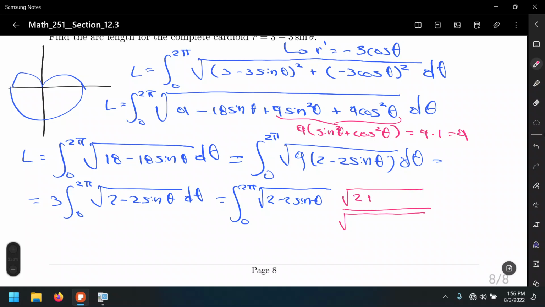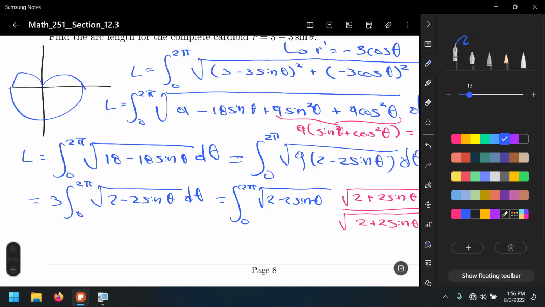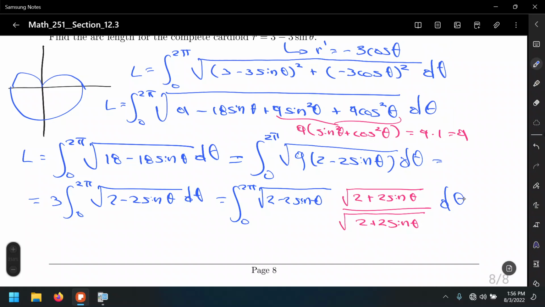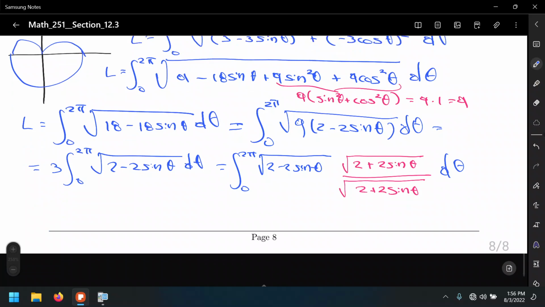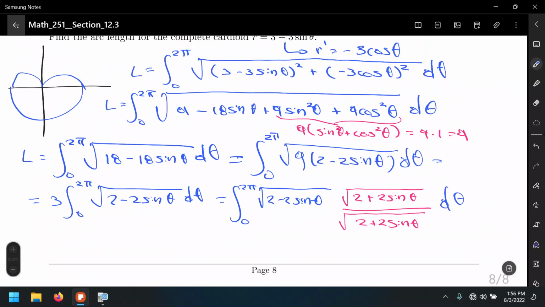So 2 plus 2 sine theta. And of course, don't forget that this is with respect to theta. In the numerator, we're going to combine the radicals and leave the radical in the denominator alone.